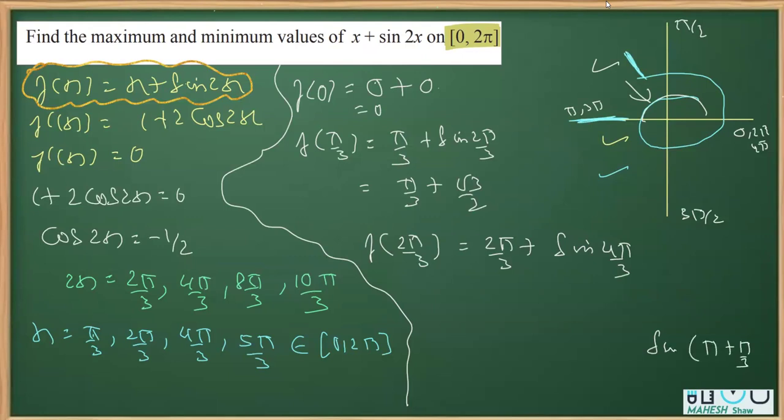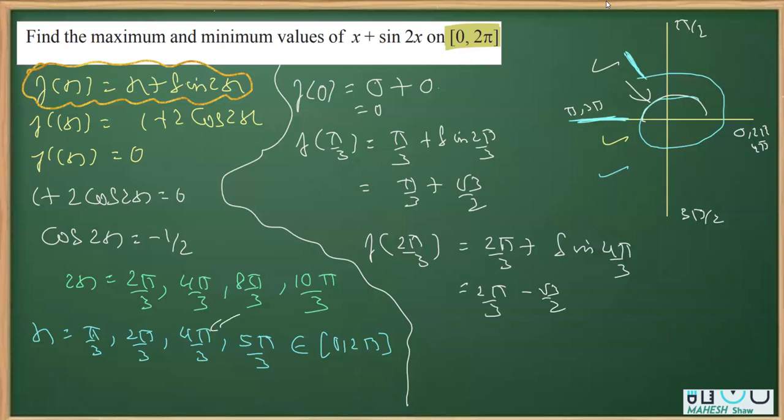That is third quadrant, and it is negative, so minus sine pi by 3, which is minus root 3 by 2. So I can write over here that f(2 pi by 3) is equal to 2 pi by 3 minus root 3 by 2.